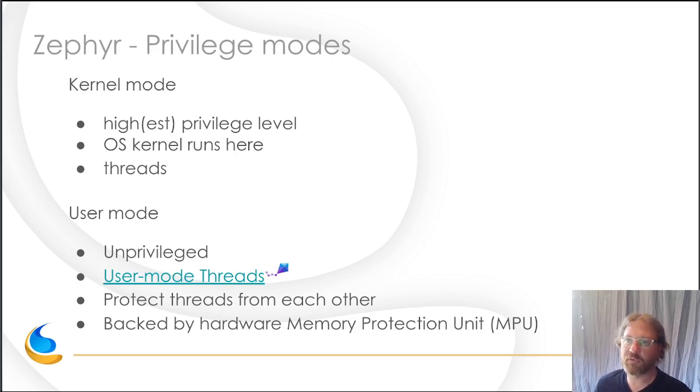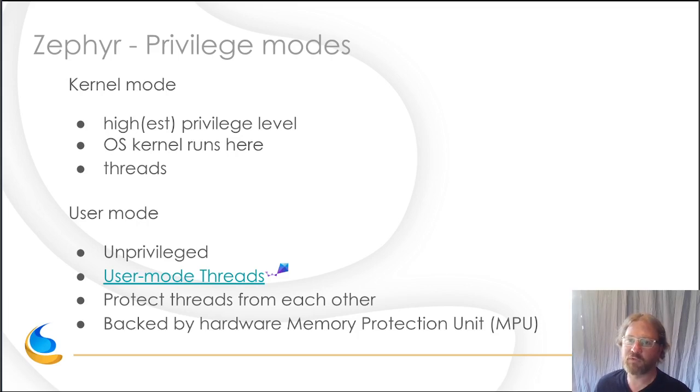By default, the kernel runs at the highest privilege level, which is kernel mode, and that's where the Zephyr OS kernel is running. Kernel threads can also run at this level, so this is the default configuration for Zephyr for types of chips that only have a single privilege mode.